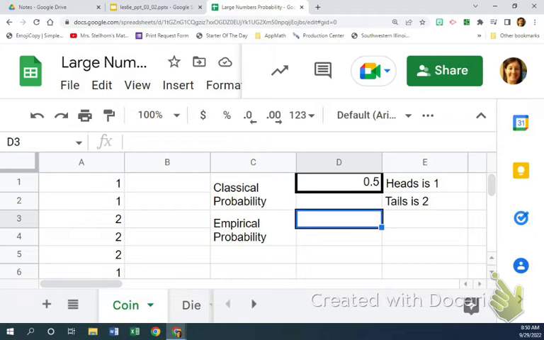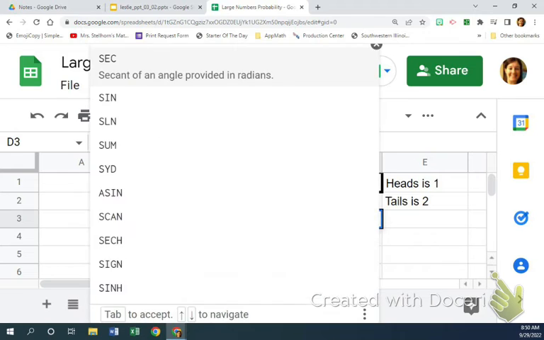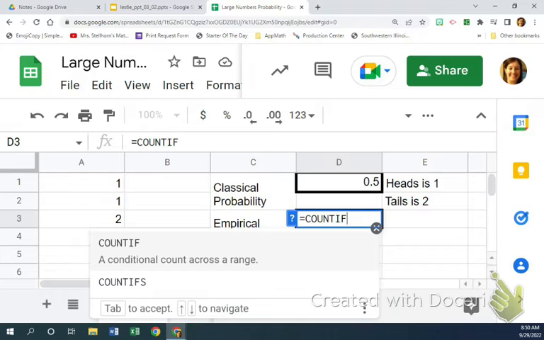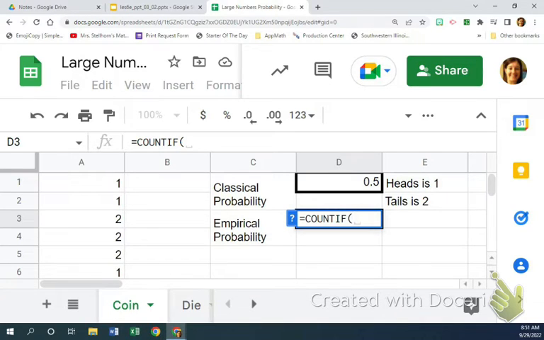So I'm going to hit equals. COUNTIF. We're going to count if the cell contains a 1. So the first piece is what you want, comma.